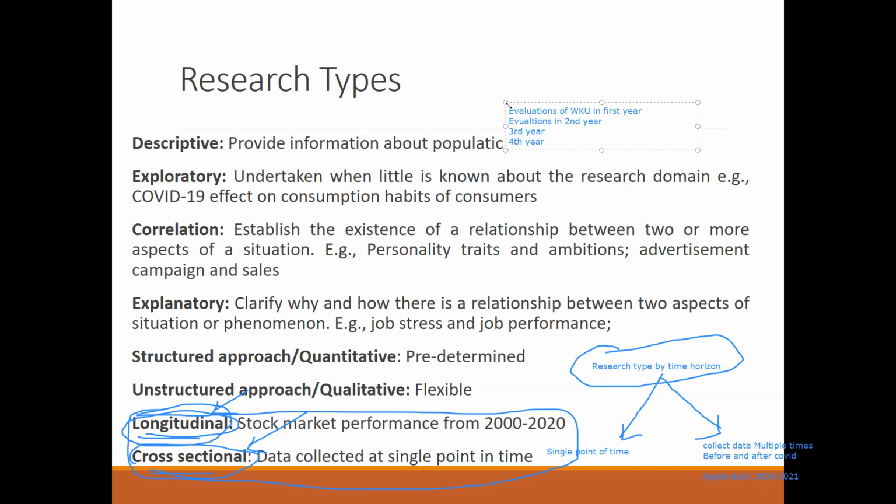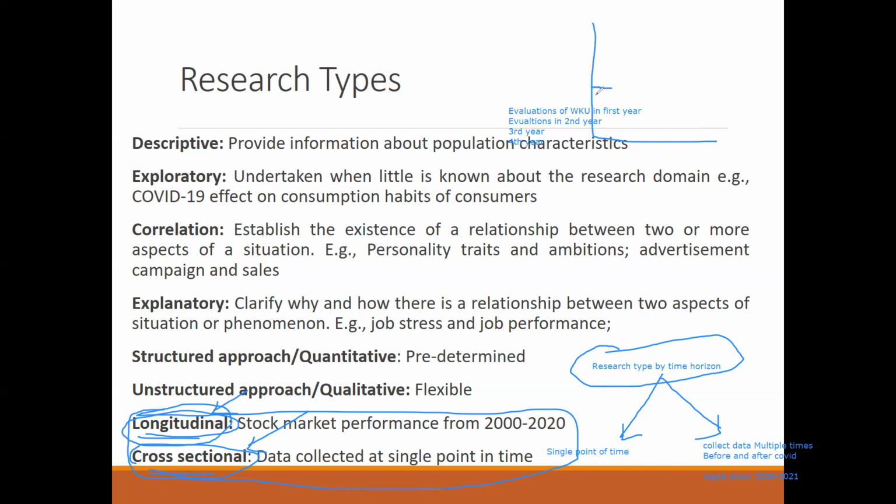Maybe your evaluations of WKU over a span of 4 years, how your evaluations are impacted. Maybe your evaluations might be like this. In the first year, you have high, better evaluations.